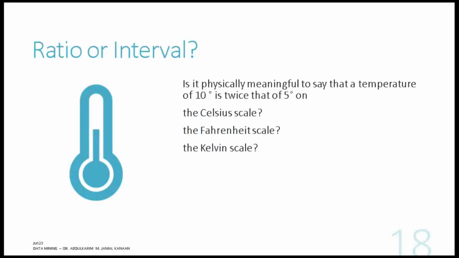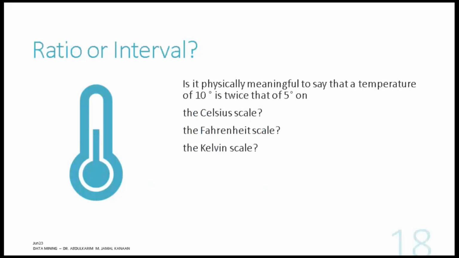But again, why do we need to know this? If you wish to apply data transformation or data extraction to come up with a new variable, where you apply arithmetic operations like multiplication and division, then it's meaningless. You cannot do this. Kelvin is ratio because Kelvin has the idea of true zero.